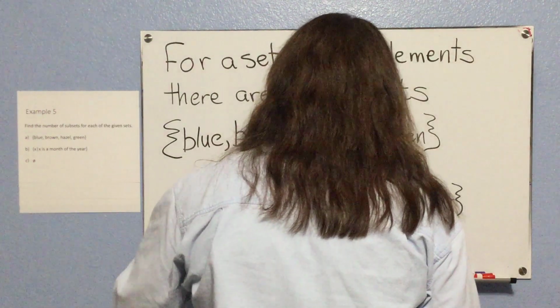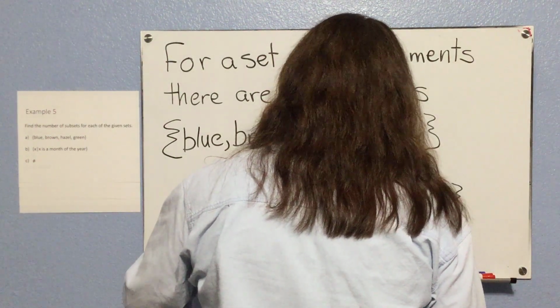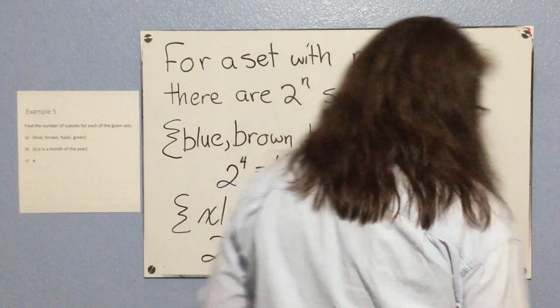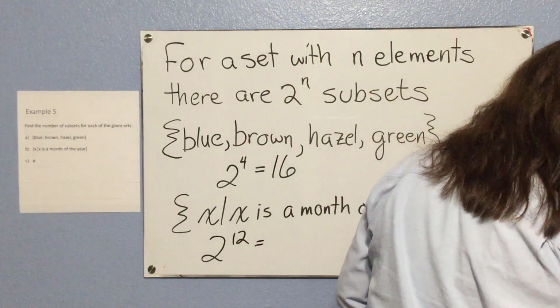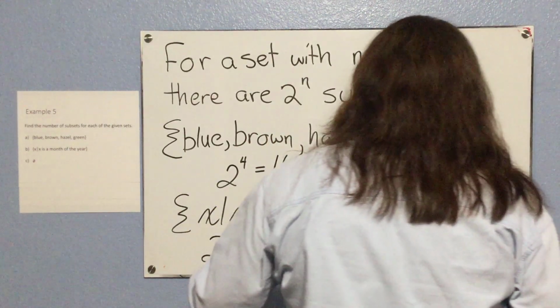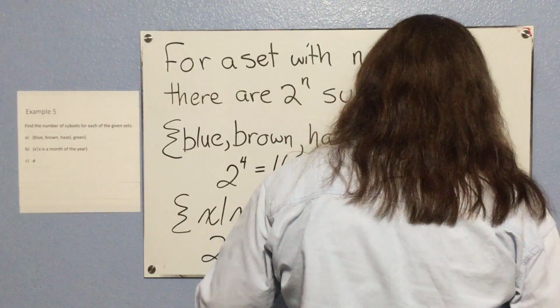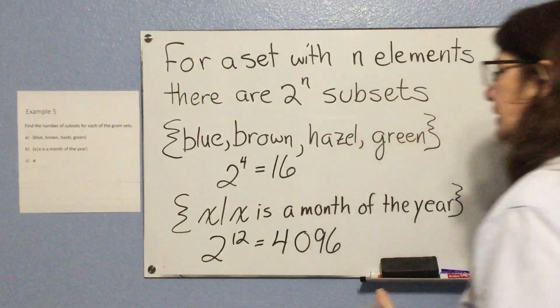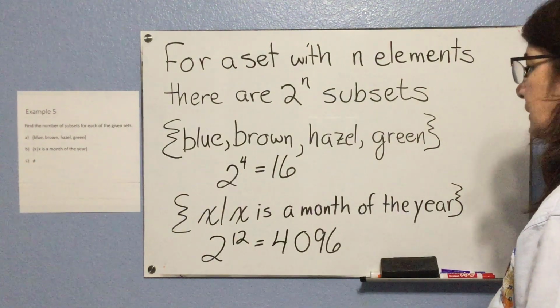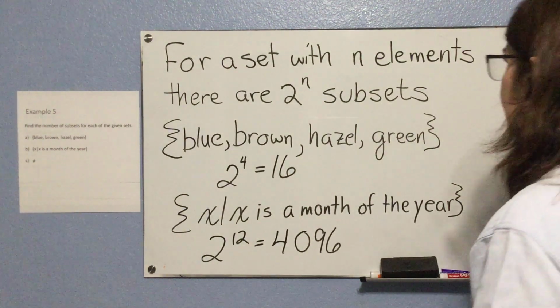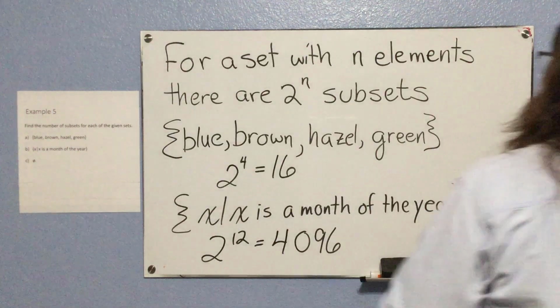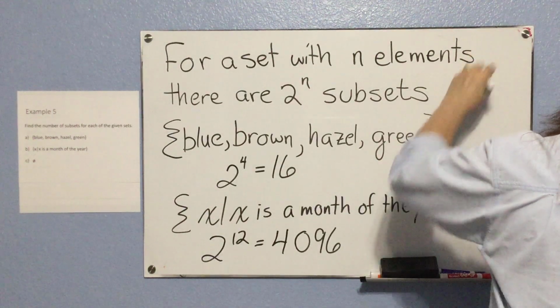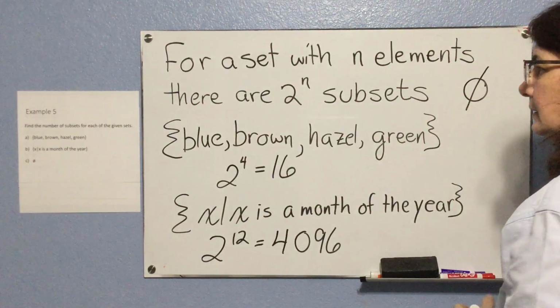So there would be 2 to the 12th, which is 4,096. Not 2 to the 12th elements, 2 to the 12 subsets. 4,096.